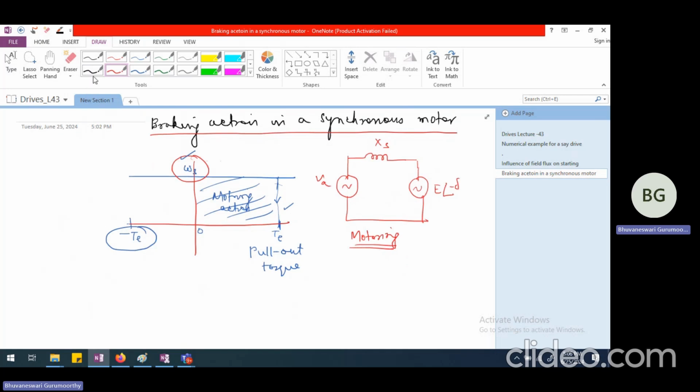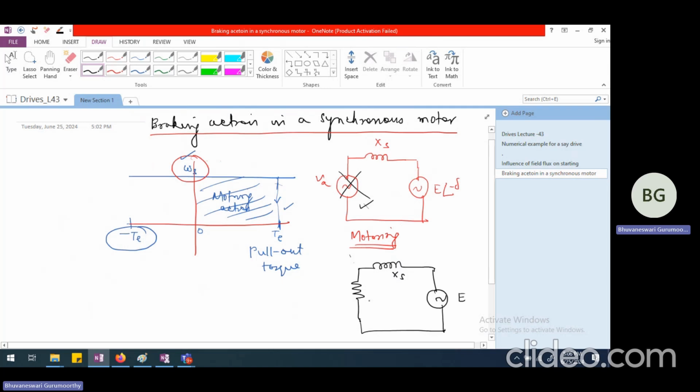Now, if I want to brake, if I want to implement dynamic braking, particularly in a synchronous machine, I have to first of all disconnect this voltage. So this is actually my excitation voltage. And this is the synchronous reactance, which is XS. Now I'm going to disconnect this voltage and instead I'm going to connect a braking resistance. So I call this as RB, which is the braking resistance.